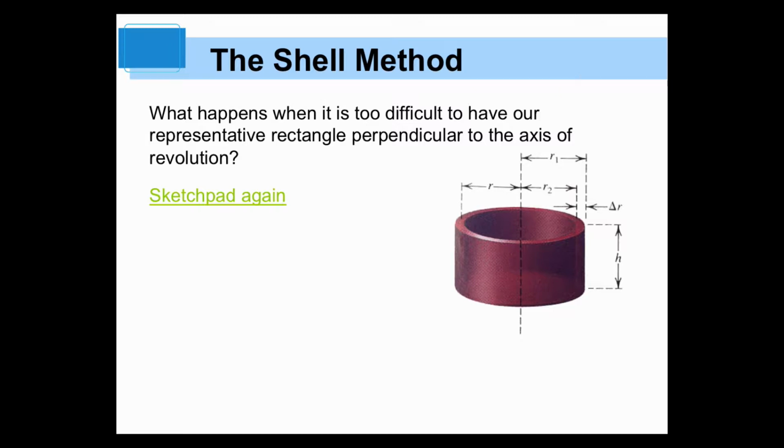R1 represents the biggest distance. It's from the center or the axis of revolution out to the farthest point on the shell. R2 is the inside radius. Delta R is the thickness. That's the height. And then this lowercase r with no subscript represents the distance to the center of the shell.